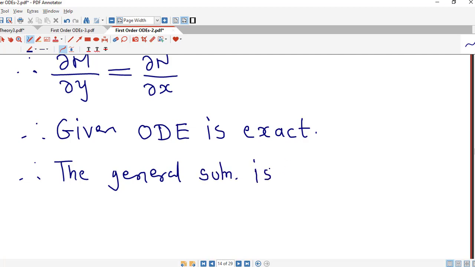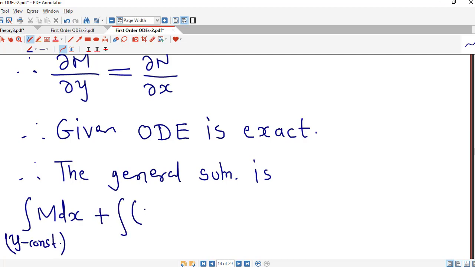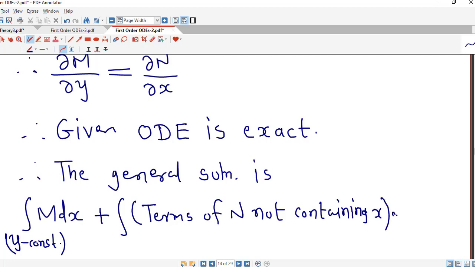So the general solution is the formula we have just written: integrate capital M with respect to x considering y as constant, plus those terms of capital N that do not contain x, integral with respect to y, equal to constant of integration.